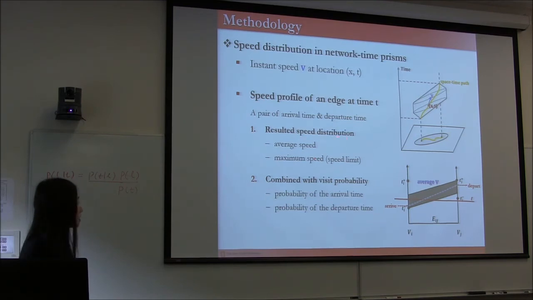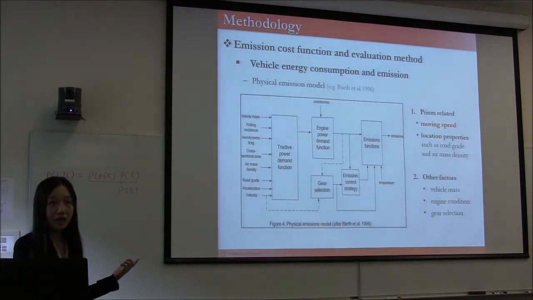And then, given that distribution of an edge, we're going to combine that with the probability of that arrival time and the probability of that departure time to derive the entire distribution over all the possible combinations of arrival time and departure time. We're working on that one right now.